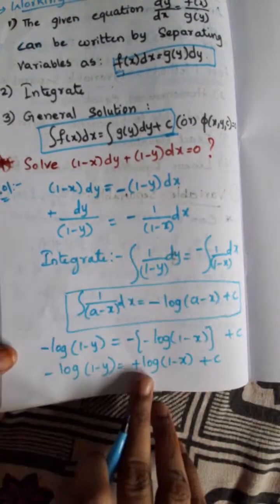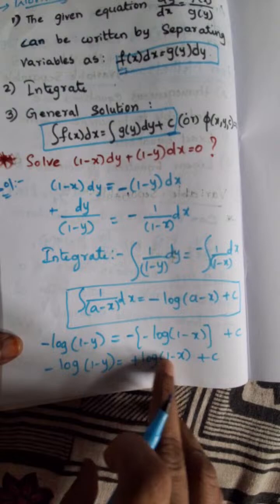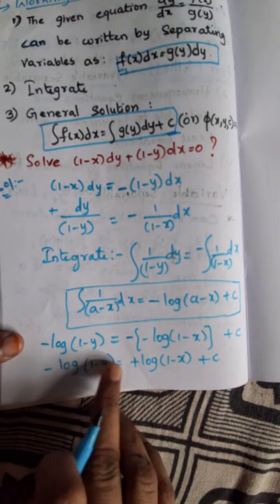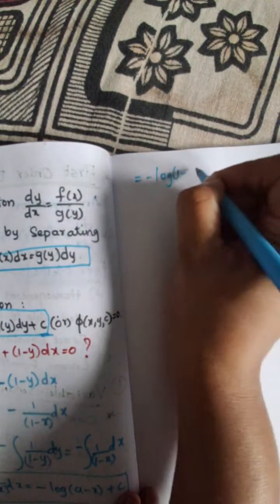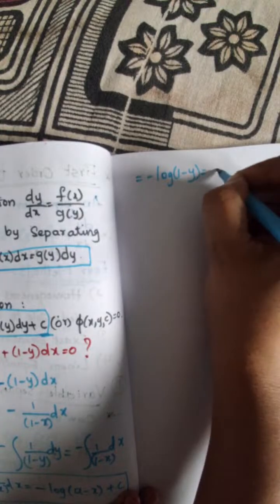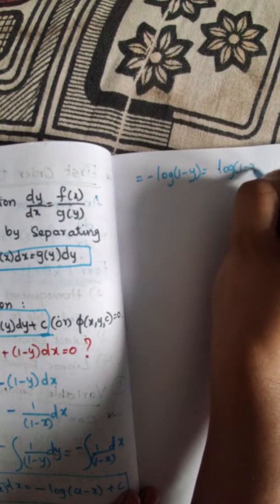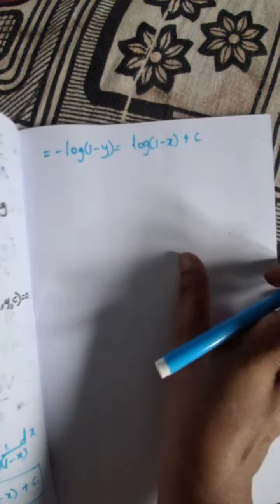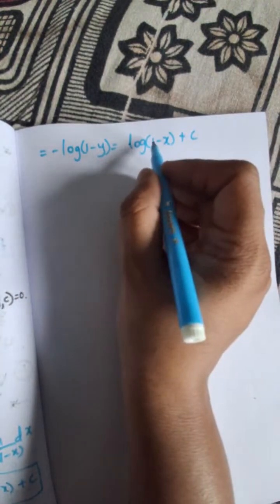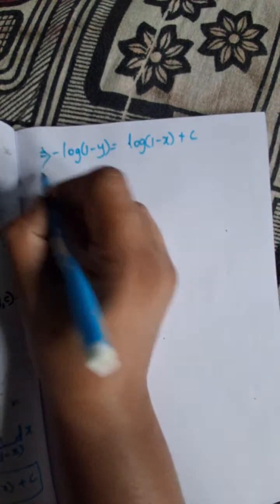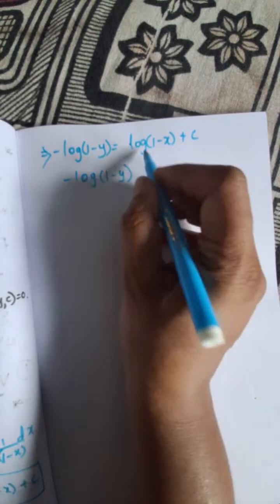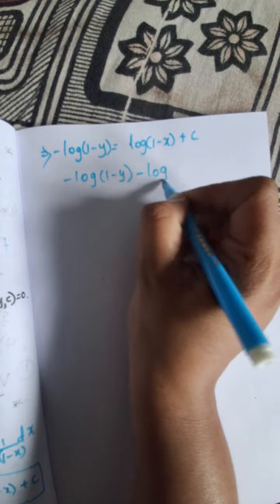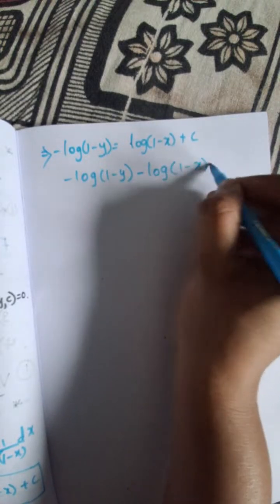So this log of 1 minus x I am taking to this side, it becomes minus of log 1 minus x. Let us write here minus of log 1 minus y, log 1 minus x is there, plus c. Now I am taking this log to this side, what does it become? Minus log of 1 minus y, this comes to this side, minus log of 1 minus x equals log c.